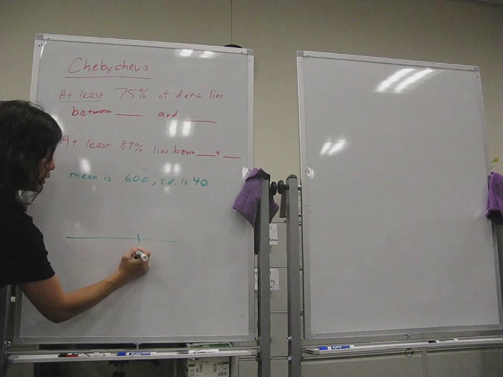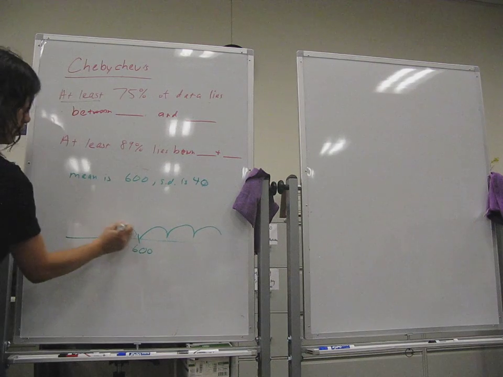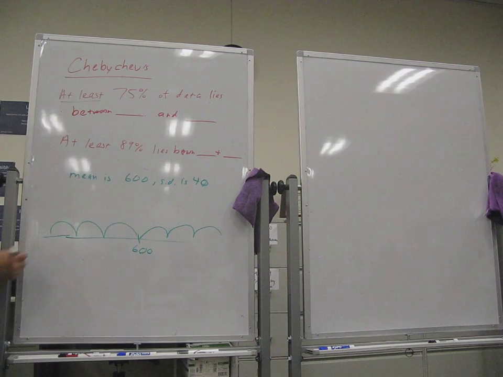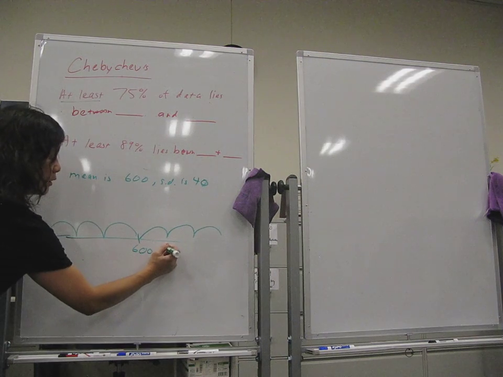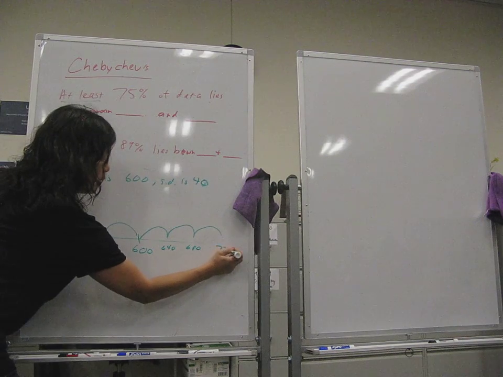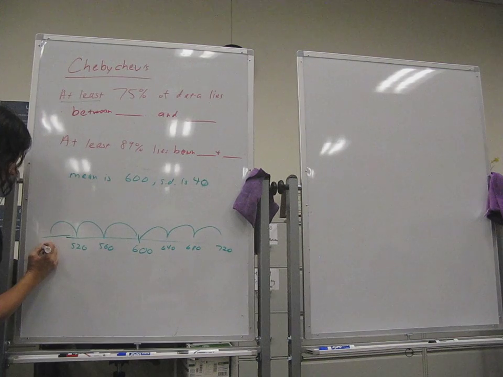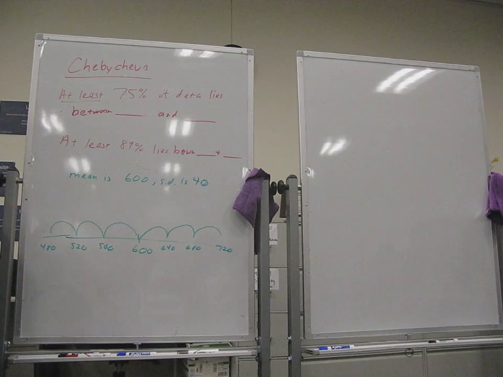My mean is 600, and then jump over in different directions. So 640 would be 1 standard deviation, then 680, and then 720. And going backwards, 560, 520, 480.